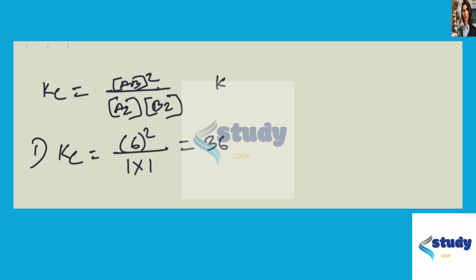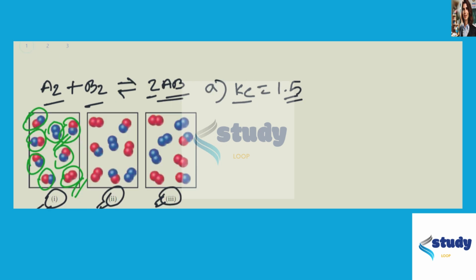The standard Kc value is 1.5 for this reaction, and we can see that 36 is way greater than this. That means this reaction is not at equilibrium yet. Now in the second one, we have 1, 2, 3 of the products.